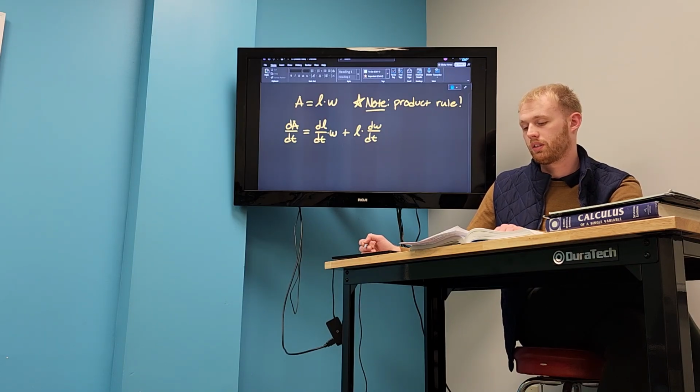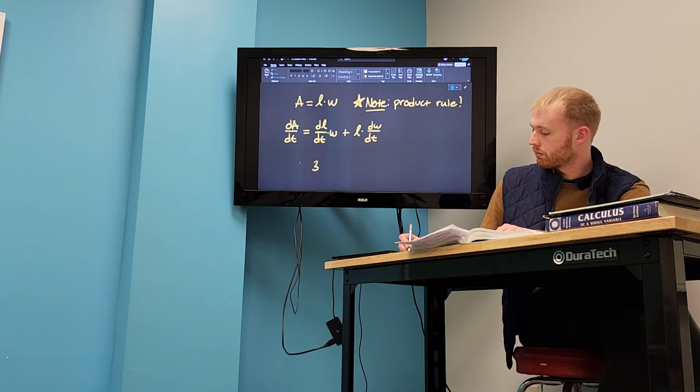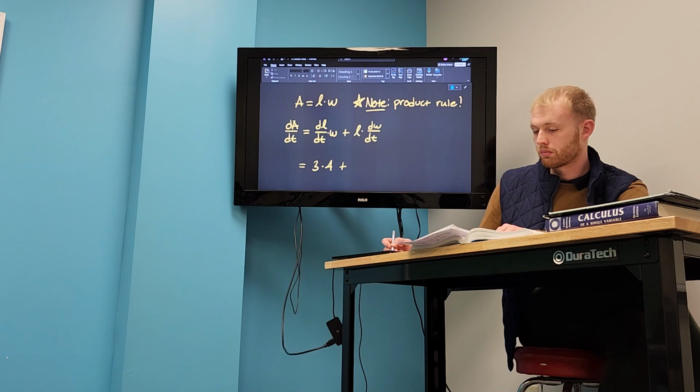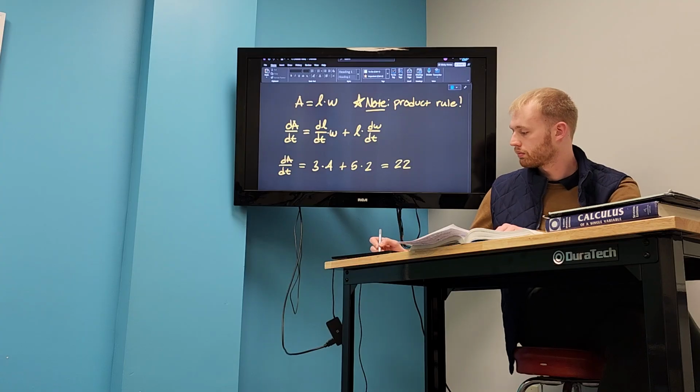So we know the rate of change of dl dt is 3 times 4 plus 5 times 2, so 22. So 22 centimeters squared per second. Right?